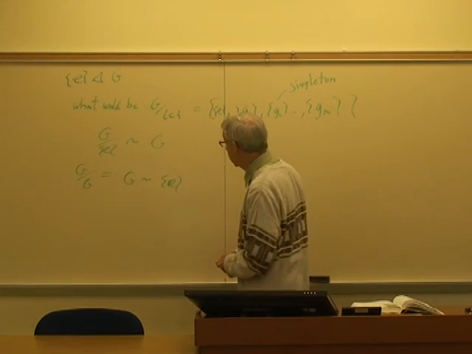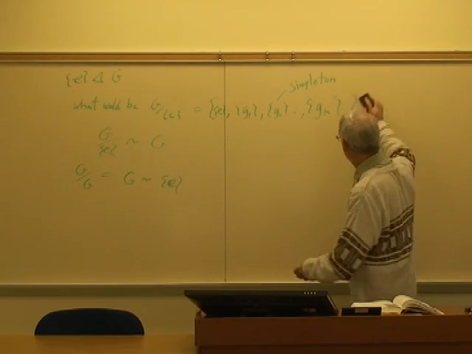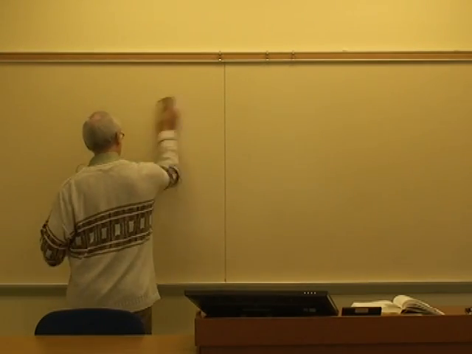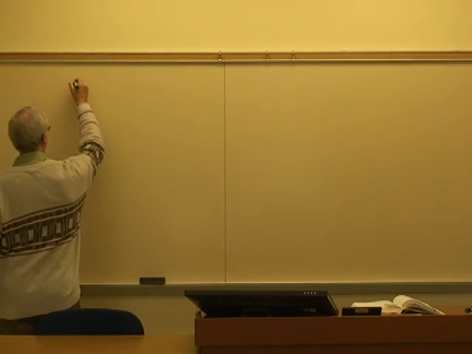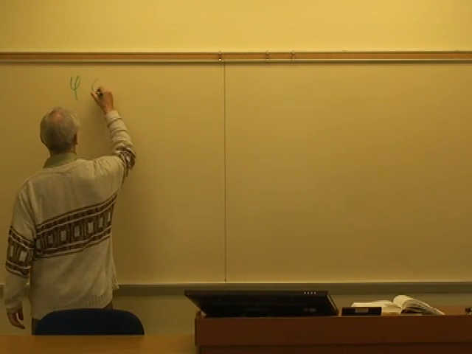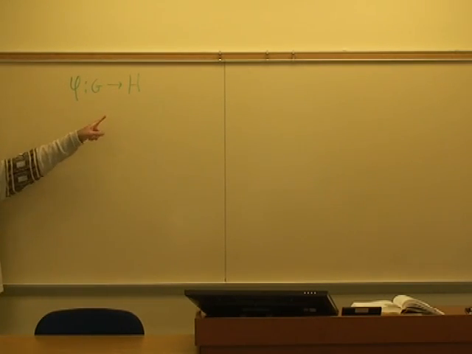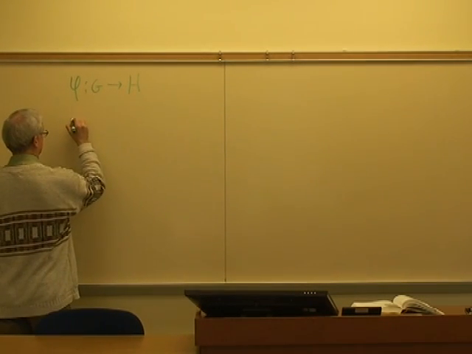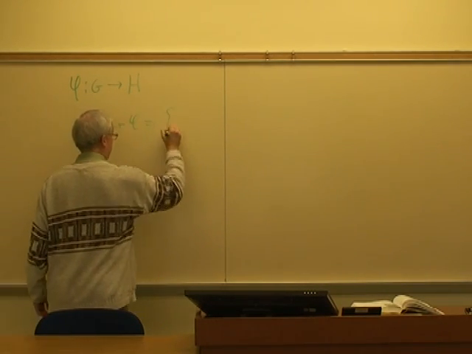Okay, one more little thing. Let's get this back on the board. We've had it before, but now that we've got better background. So now I've got a map phi between two different groups, G and H. And let K equal the kernel of phi. What is the kernel of a map?